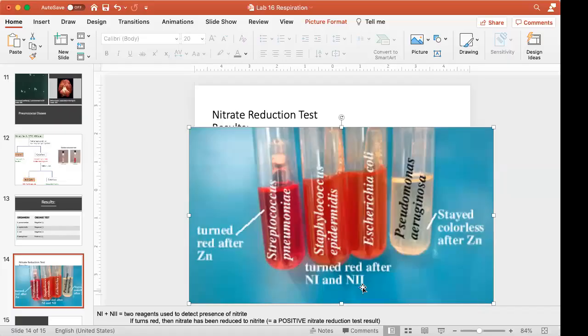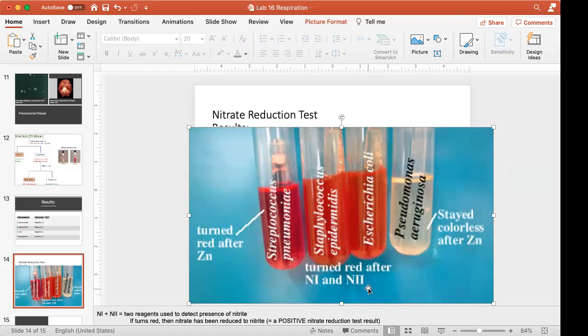All right. Now look at the next two tubes. Staphylococcus epidermidis is in this tube. E. coli is in this tube. These two tubes came out of the incubator after 48 hours. Reagents A and B were put in, and they turned red. Remember, they're calling them N1 and N2 here.